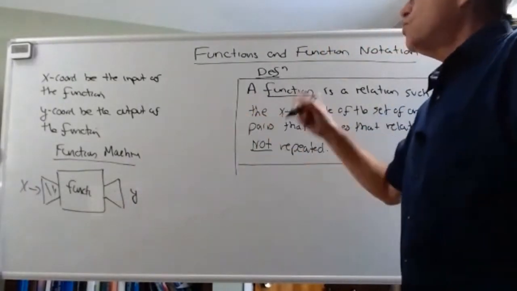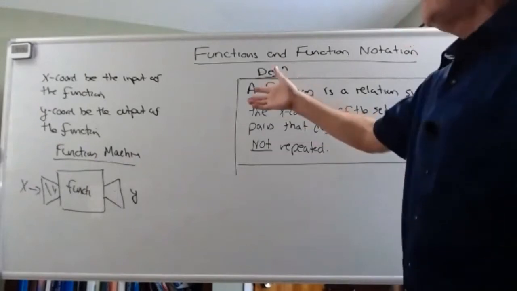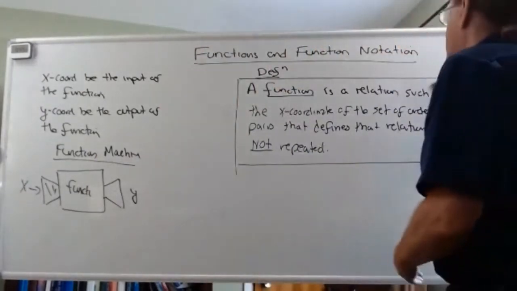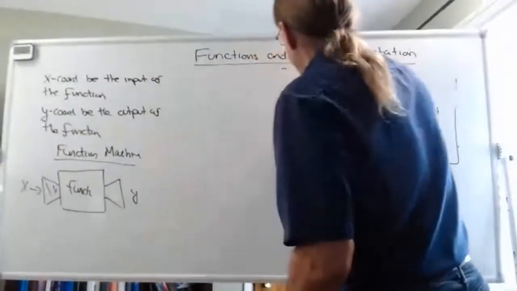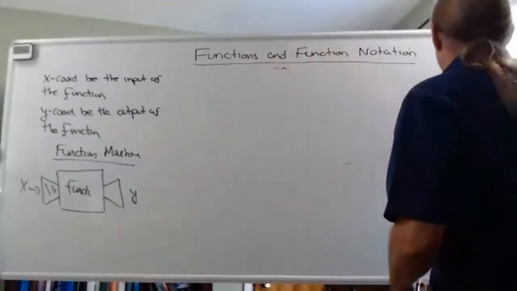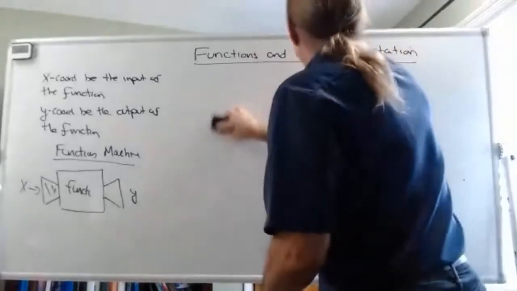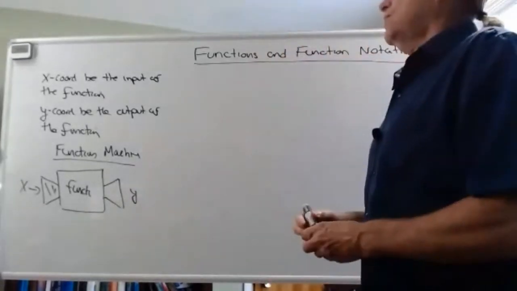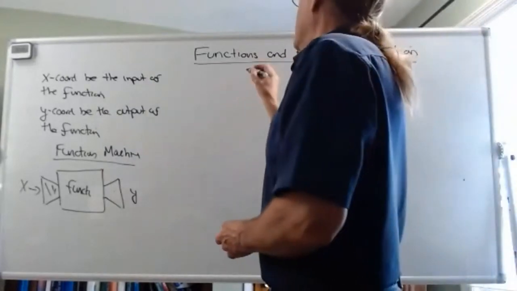Now, what does this do graphically? Well, if I was to graph a function, I cannot have 2 values associated with a single input value. I can't have 2 outputs associated with an input value.